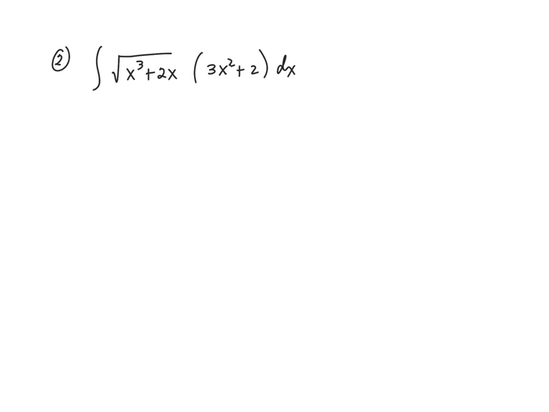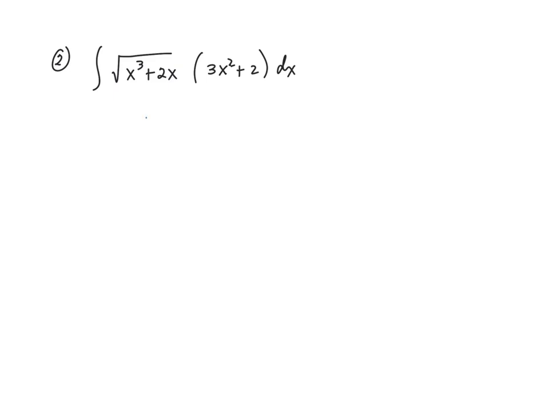Now let's take another example and show the steps clearly. First thing to do is check if one of the functions is the derivative of the other, and if you look at 3x squared plus 2, it's actually the derivative of x cubed plus 2x. So the substitution method could work.